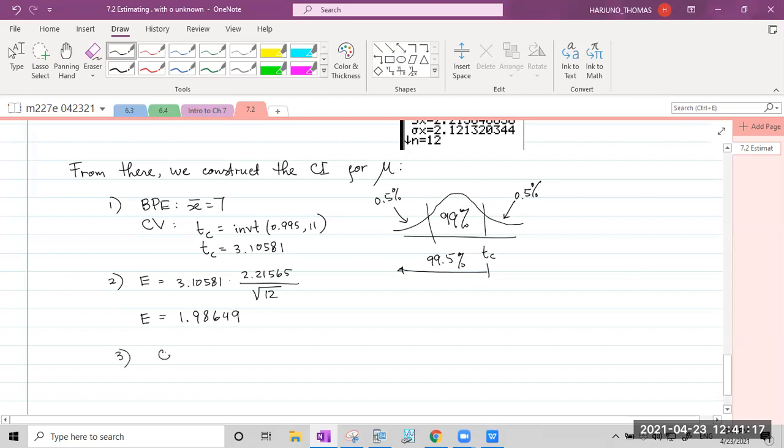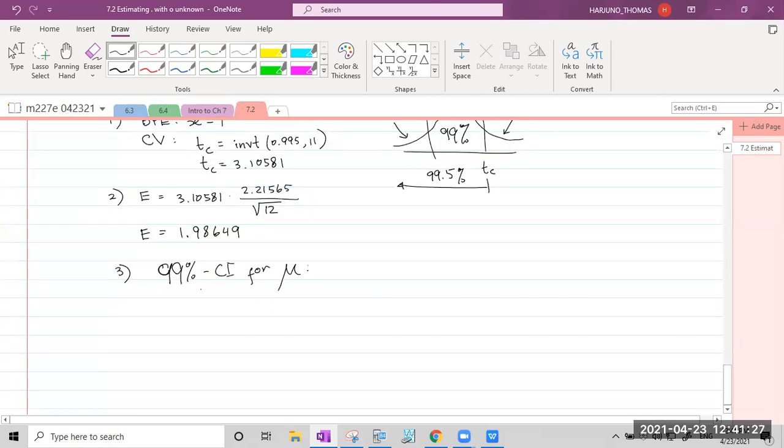So the 99% confidence interval for mu will be 7 minus 1.98649 less than mu less than 7 plus 1.98649.